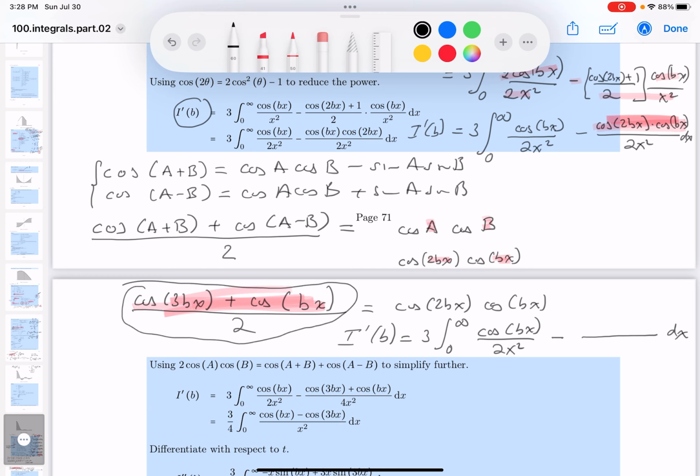So it's going to get 4x squared, because I got 2 on the bottom there, and you get cosine of 3bx plus cosine of bx.